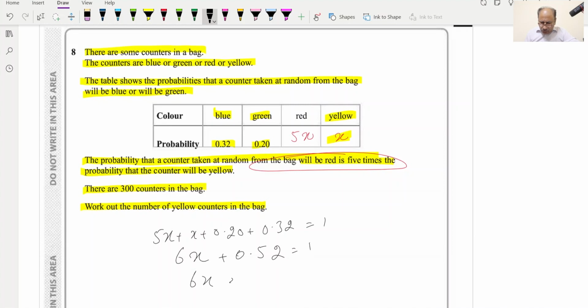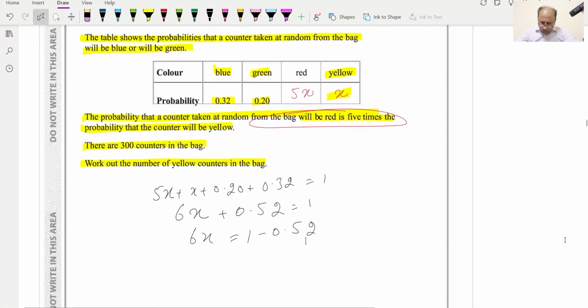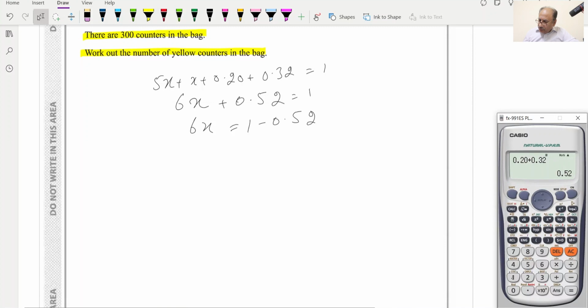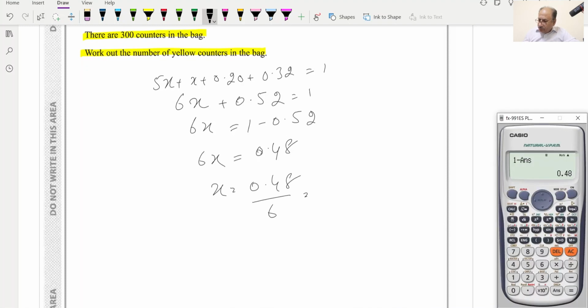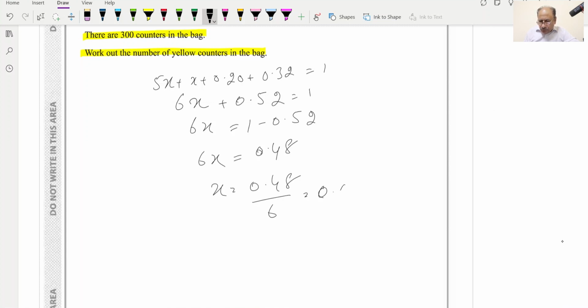So 6x is equal to 1 minus 0.52, and further we can write 1 minus 0.52 is equal to 0.48. So 6x is 0.48, so x will be equal to 0.48 divided by 6, which is equal to 0.08, and this one will be the final.